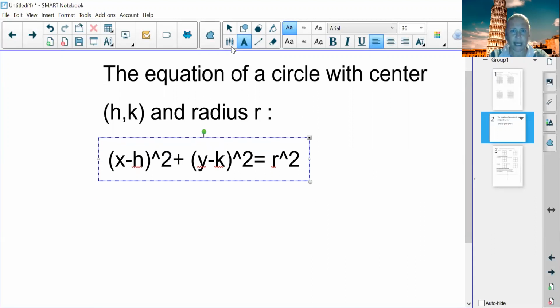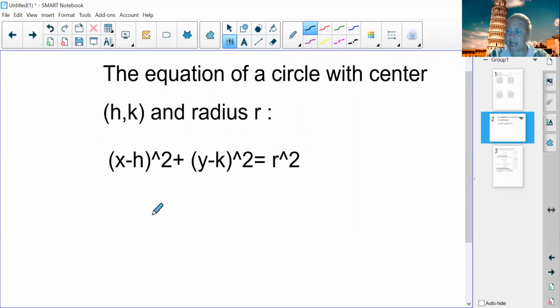And let me just point out, if I gave you an equation of a circle such as the one I had up in the last video clip, x squared plus y squared equals 9.